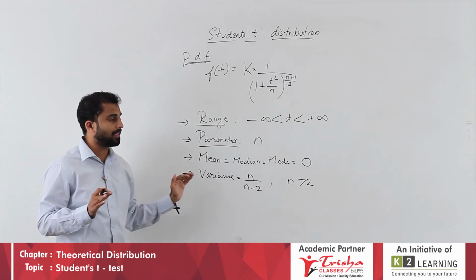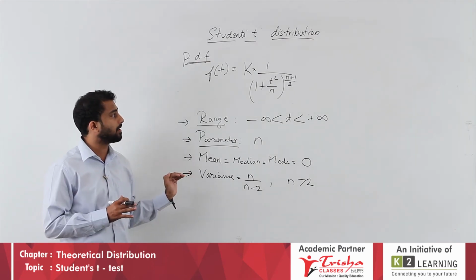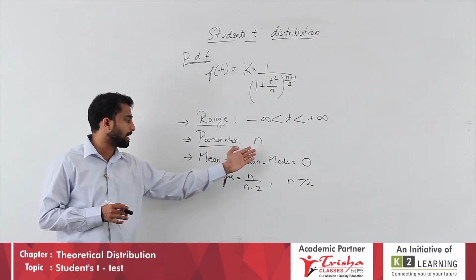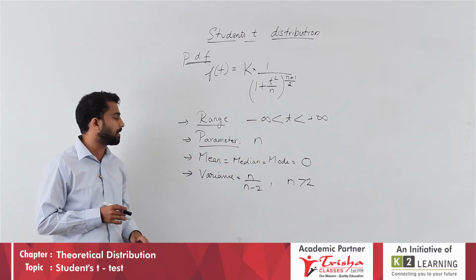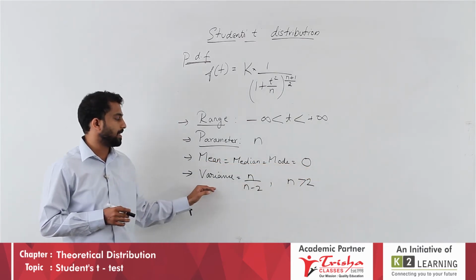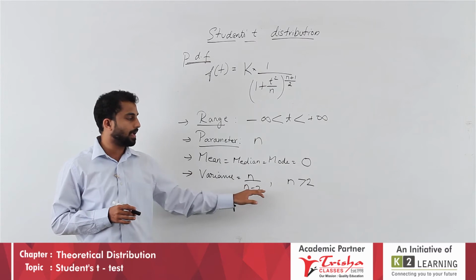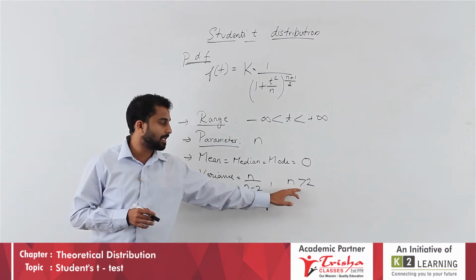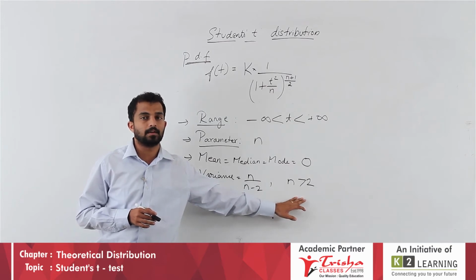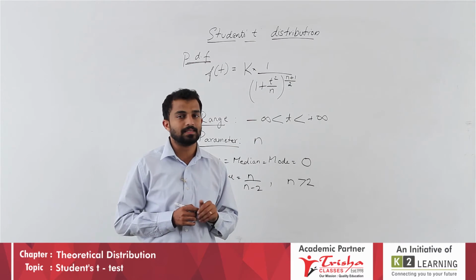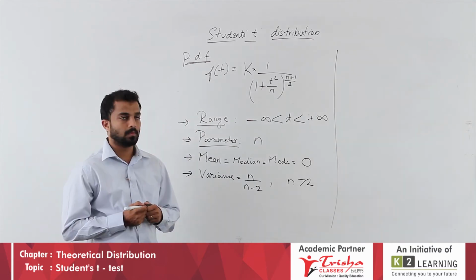I hope everything is clear. Even here we have n degrees of freedom, and the parameter is n, only one parameter. Mean, median and mode are all equal to 0. Variance is n divided by n minus 2, and n must always be greater than 2. Let us see a few sums now.